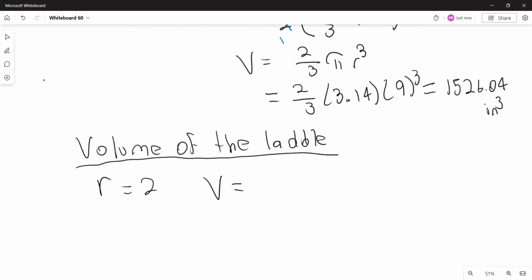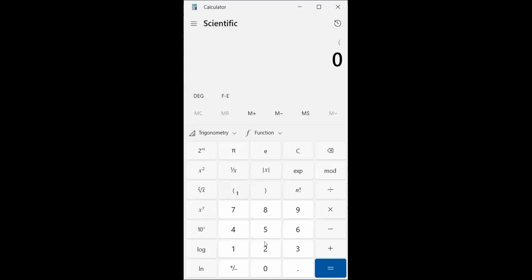So the volume is going to be 2/3 times pi times 2 to the third power. So that's about 16.75 approximately.